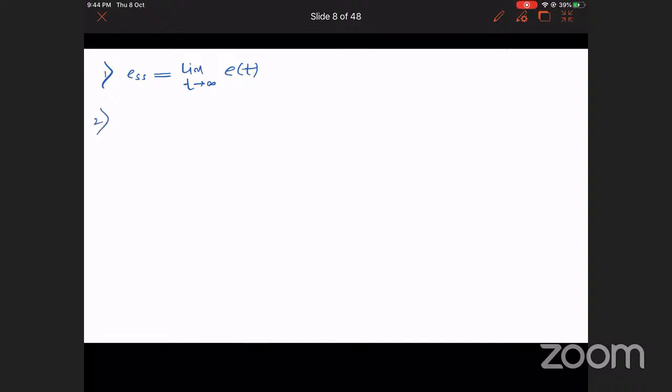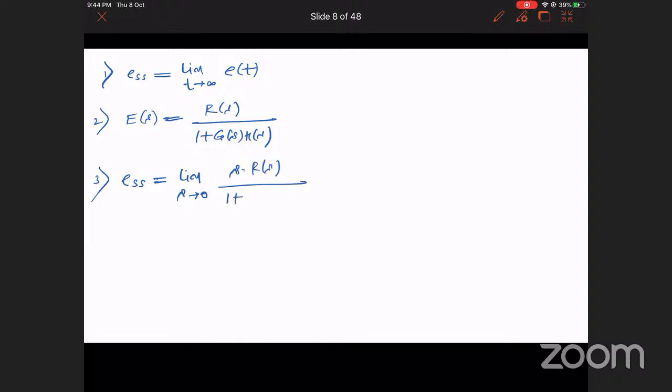Second thing we have seen, expression for E of S, which is R of S whole divided by 1 plus G of S H of S. Third, we have seen ESS is always limit s tends to 0, s into R of s whole divided by 1 plus G of s H of s.